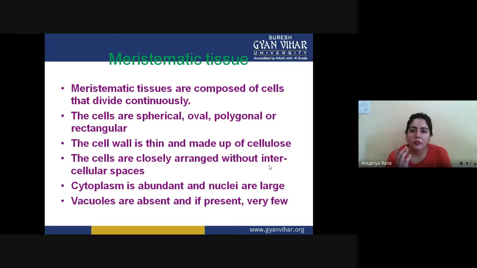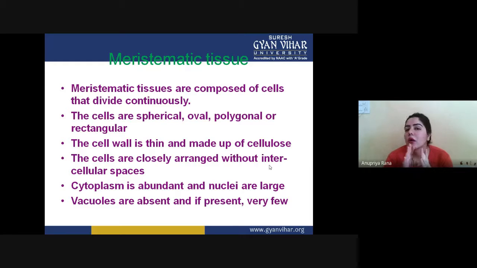Karyokinesis means division of the nucleus. So, if the nucleus is large, it can easily divide and form two cells. Vacuoles, on the other hand, are absent, and if they are present, they are very few. So, why are the vacuoles absent in the meristematic tissue?